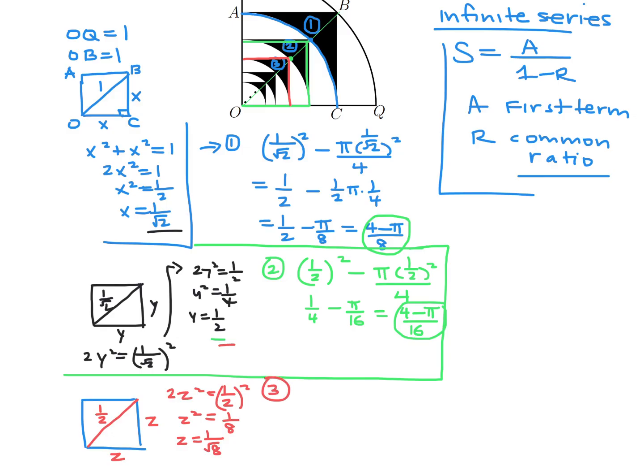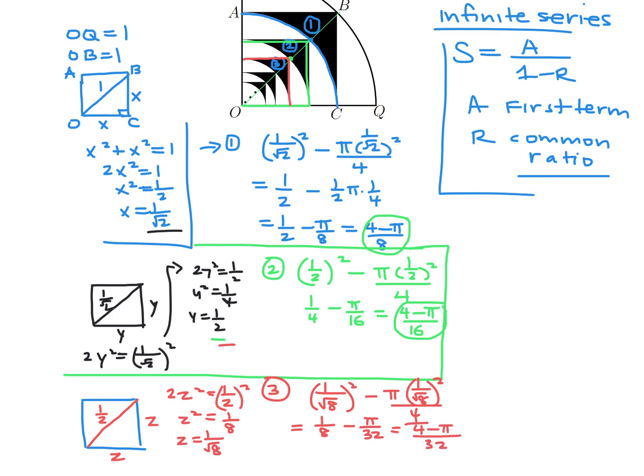So that shaded region that I've called 3 would be 1 over root 8 squared minus pi r squared, which would be 1 over root 8 squared over 4. So that looks to me like 1 over 8 minus pi over 32. And then that looks to me like 4 minus pi over 32.